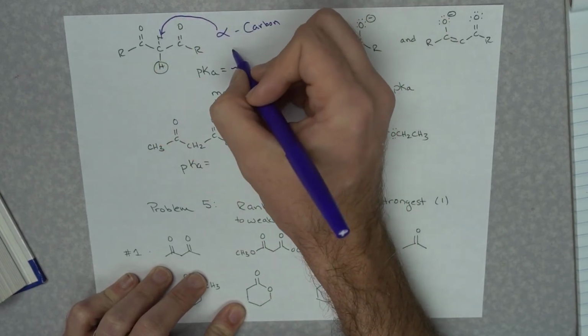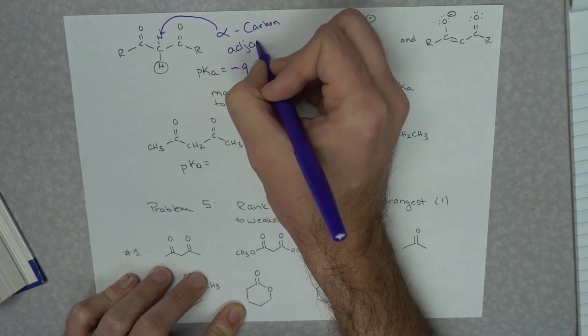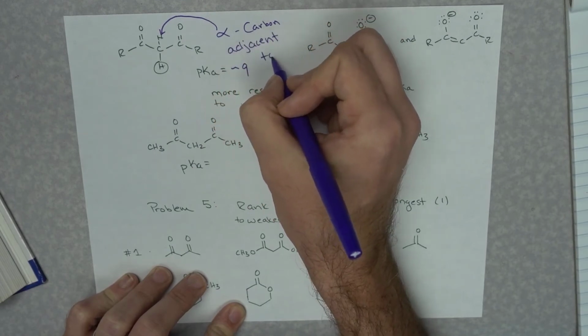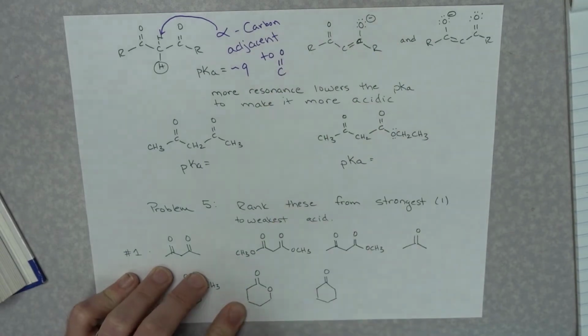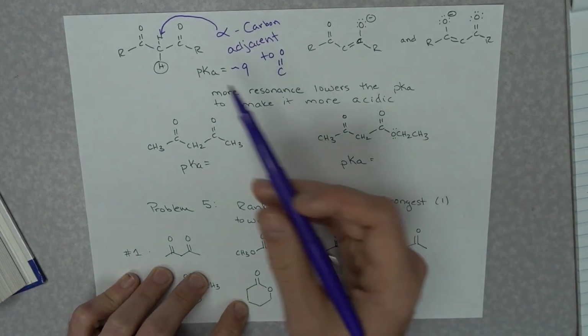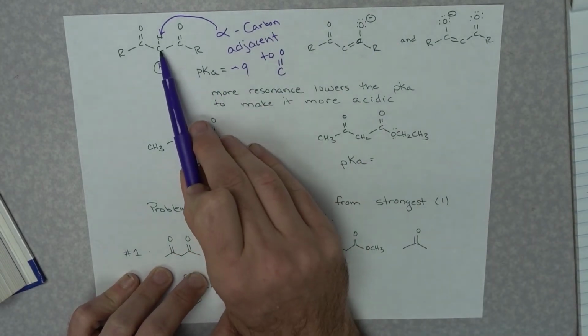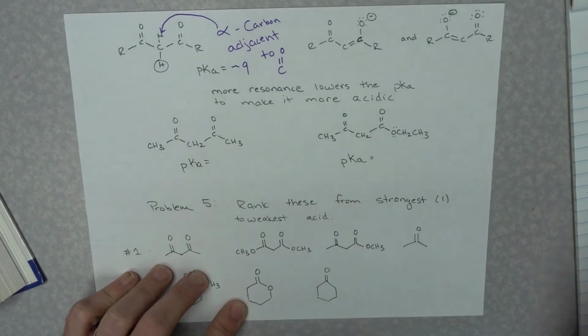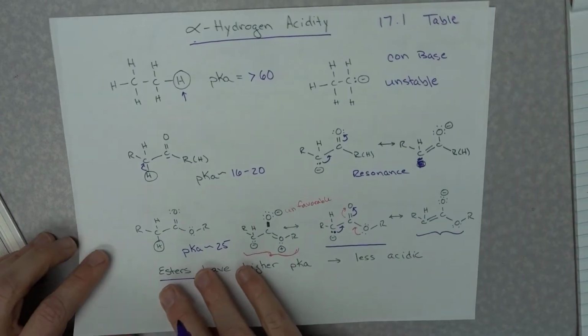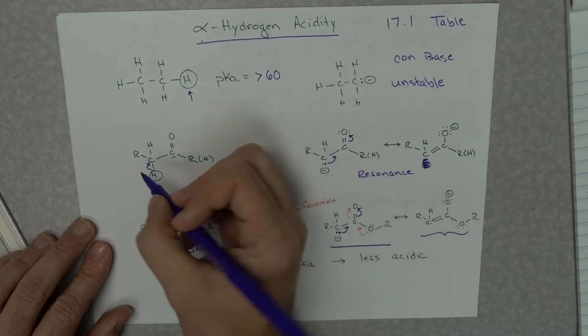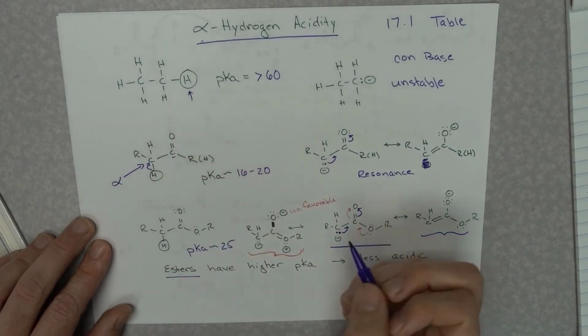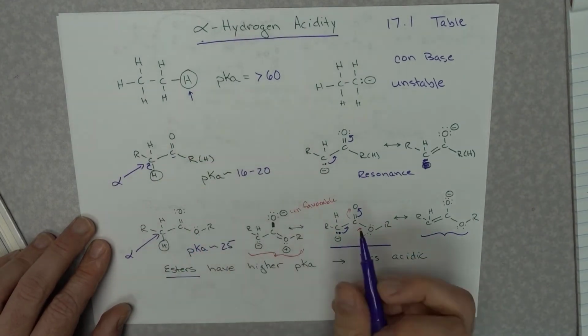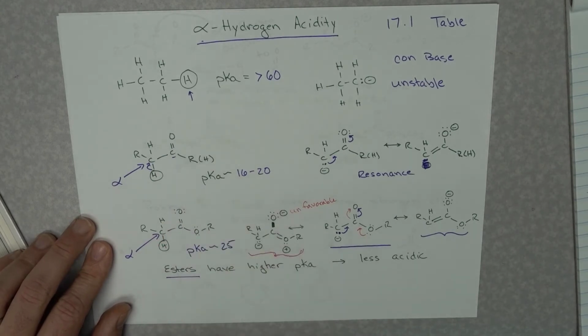The alpha carbon is adjacent to a carbonyl. So this is the kind of carbon we're talking about. In our previous examples, this is an alpha carbon, and this is an alpha carbon, all because they're adjacent to our carbonyls.